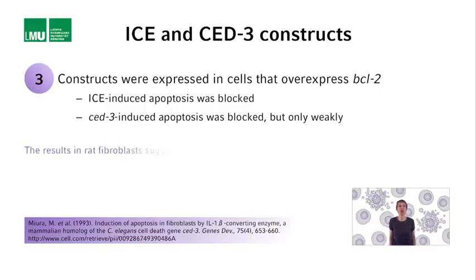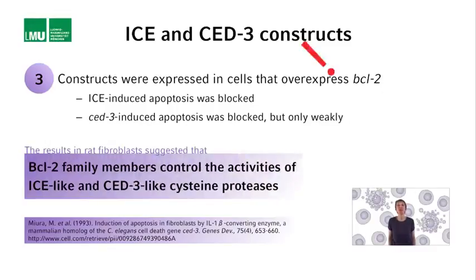The result in rat fibroblasts suggested that the BCL2 family members were involved in controlling the activities of ICE-like and Z3-like cysteine proteases. How they did this was still completely unclear.